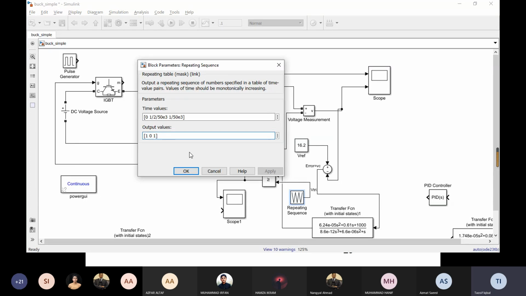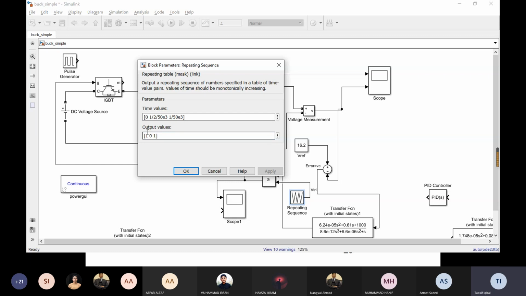Okay, so we have three values for the time. One is the minimum time, which is time 0. Then we have half of the period, half of 50 kilohertz, and then we have 1 by 50 kilohertz.